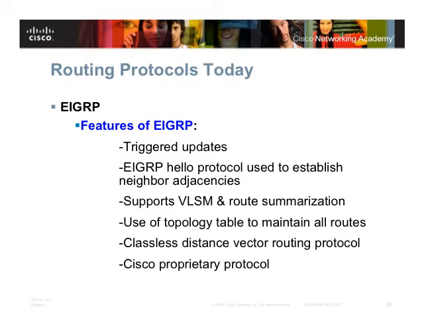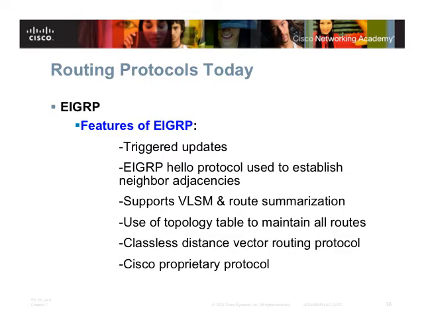The use of a topology table to maintain all routes is another feature that EIGRP uses. We said that distance vector routing protocols do not have a complete vision about the topology, based on the distance and the vector that we have talked about.